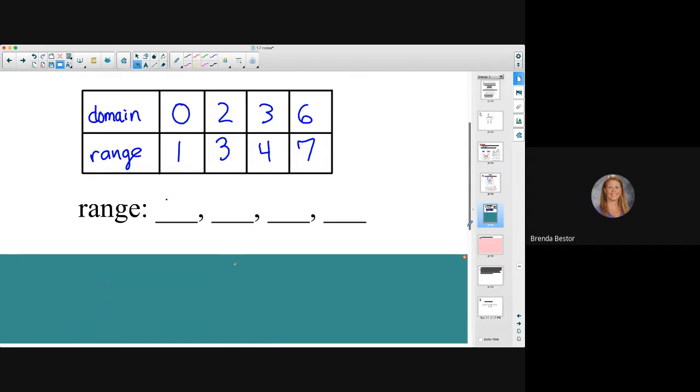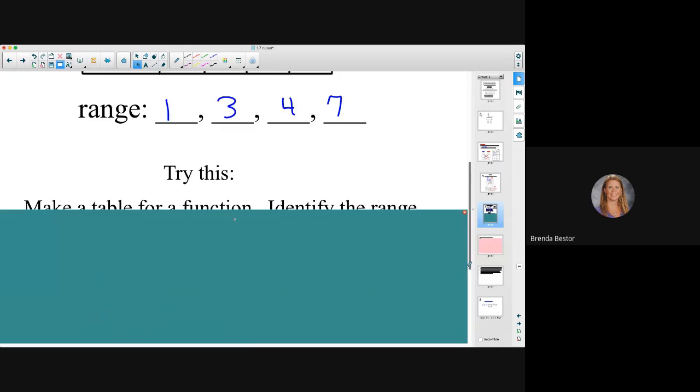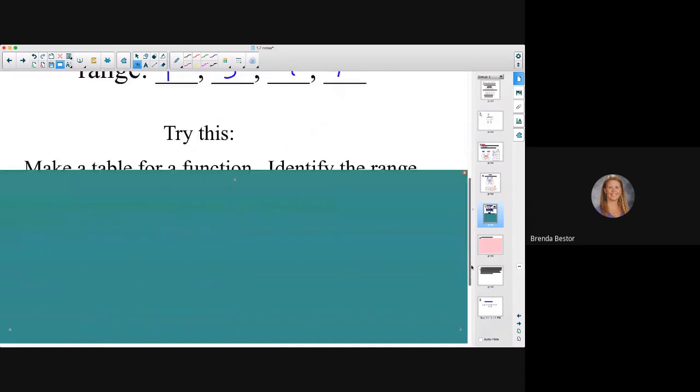Range: 1, 3, 4, and 7. Right. That's not a trick question. They just want to make sure that you know that the range are those 4 numbers that come out in the bottom of the table.